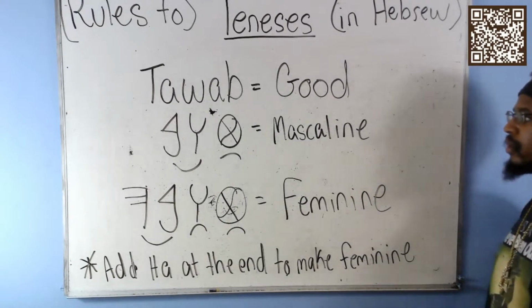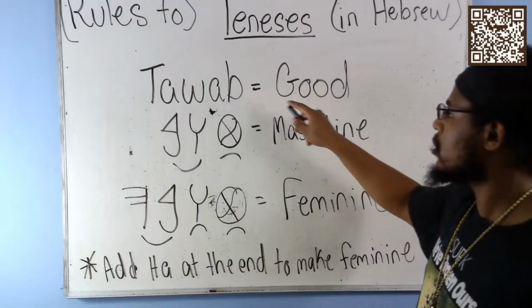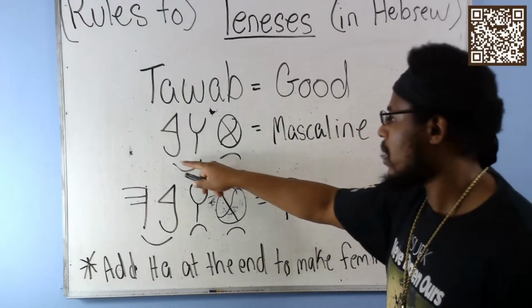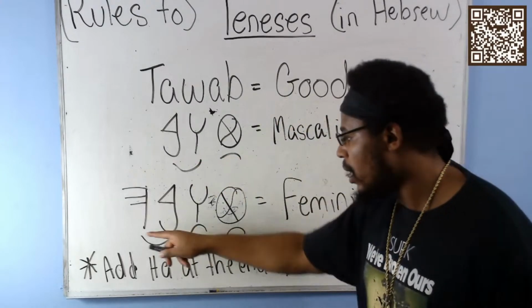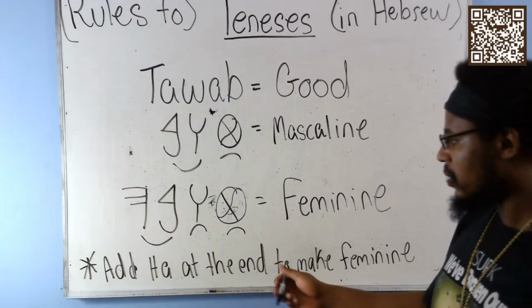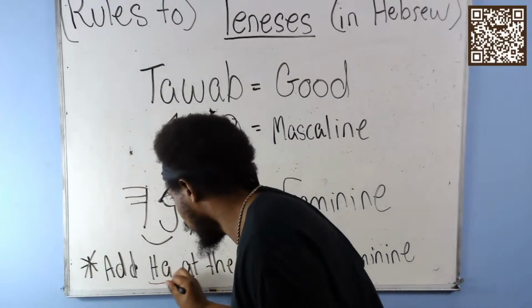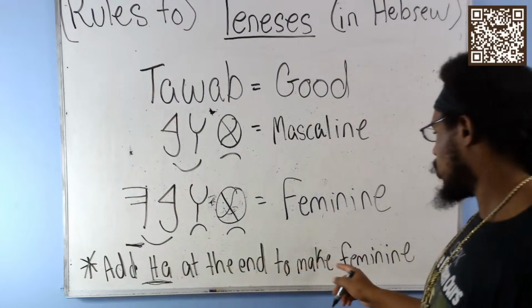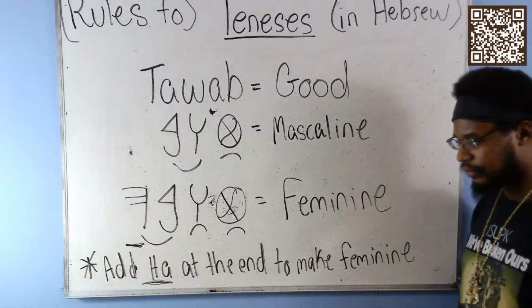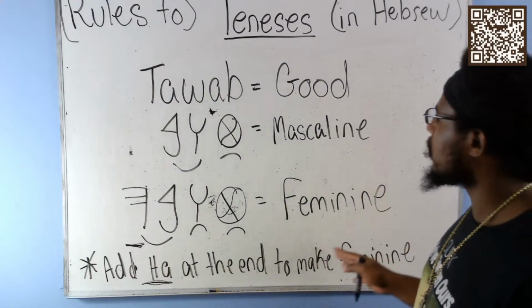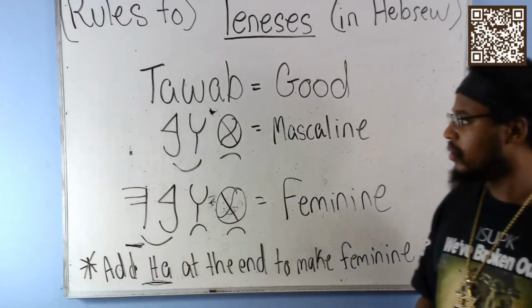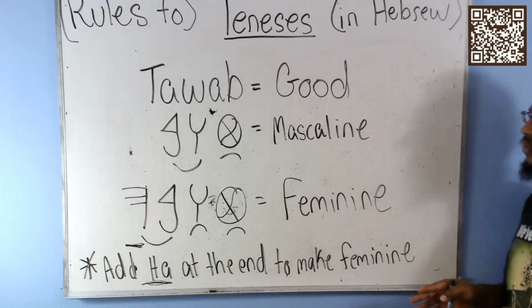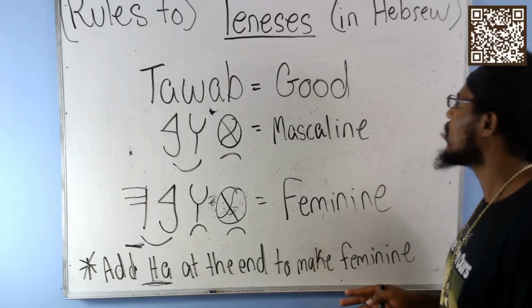So, tawab is good, tawab masculine, tawaba feminine. Add ha, that's the ha, at the end to make feminine. That's one thing. These are for adjectives. This applies to adjectives.